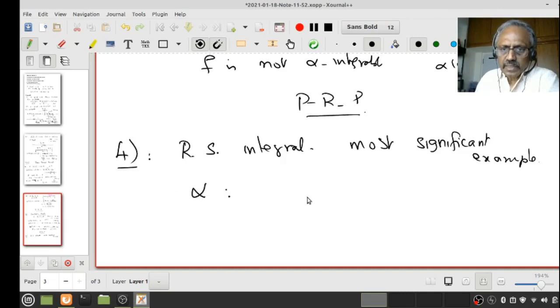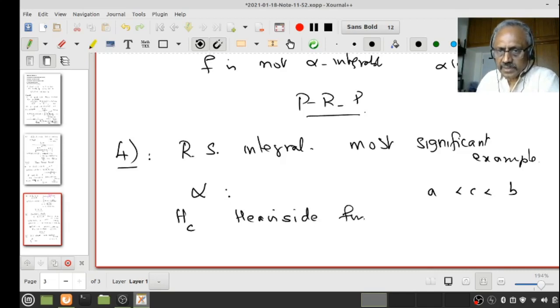Okay, suppose you fix a and b and a c in between. Then we define h sub c. It's called the Heaviside function. Heaviside is the name of a physicist.